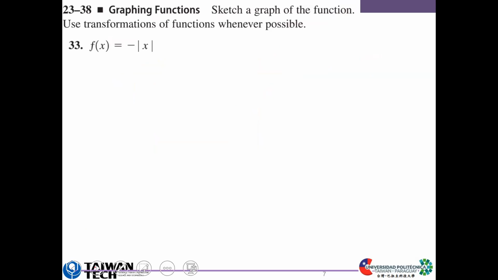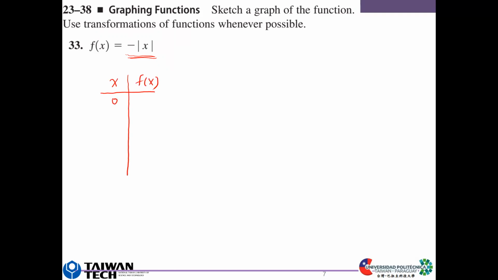The next problem we are looking at is also graphing functions, but it has an absolute value, right? So the same thing, we draw a table of x and f(x).